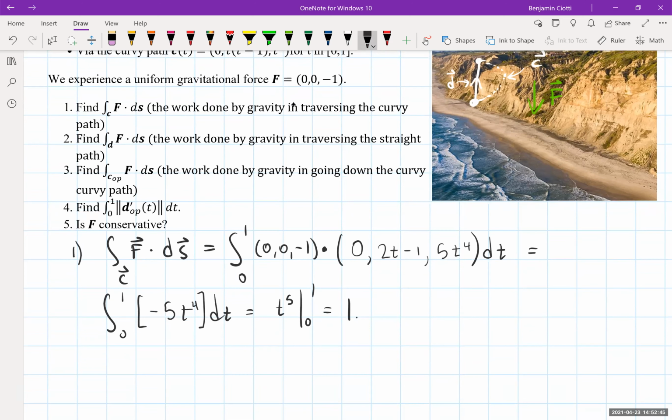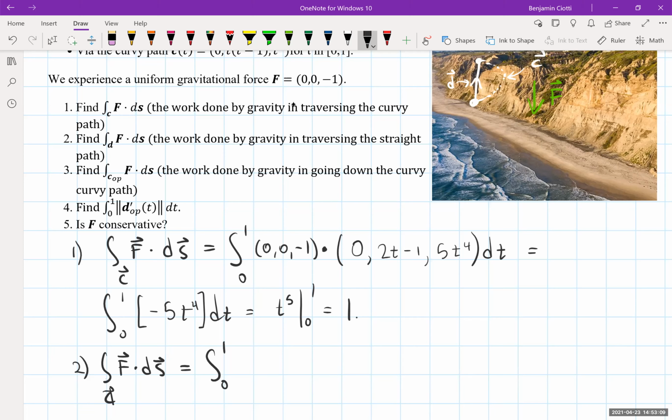What if instead you just went straight up the sheer side of the cliff via the path that I called D? So this starts and ends at the same location, but travels a different way. In this case, let's see what we get.